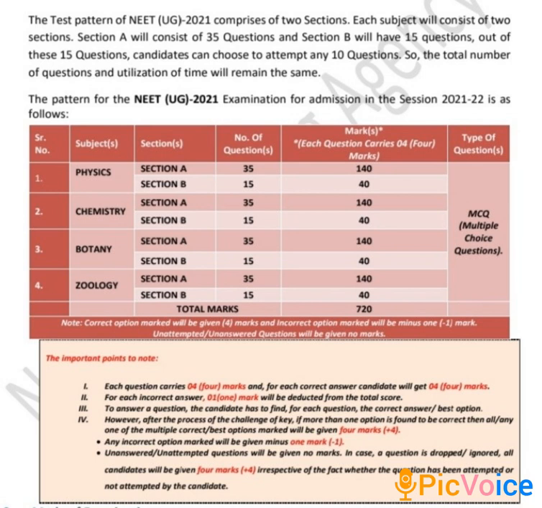If you don't know any of the answers, you can leave it. Section B has 15 questions, out of which you have the liberty to answer only 10 questions. So you can opt out of 5 questions in section B.